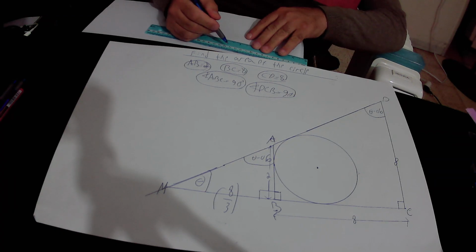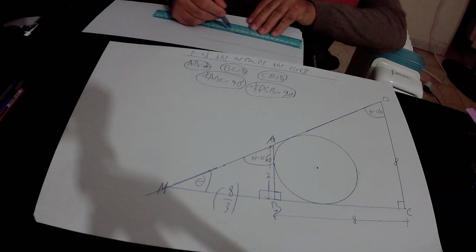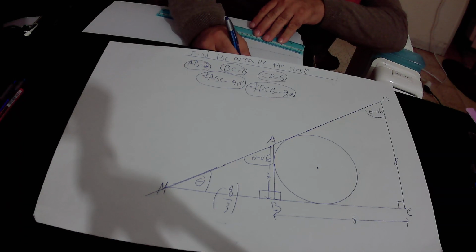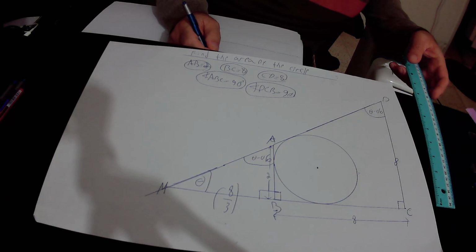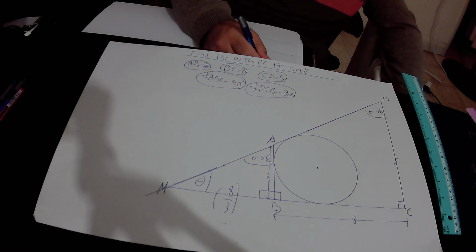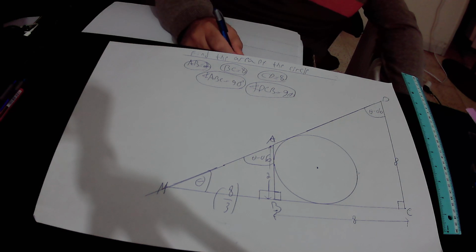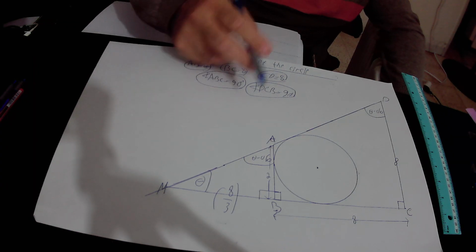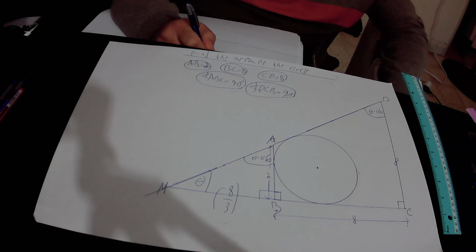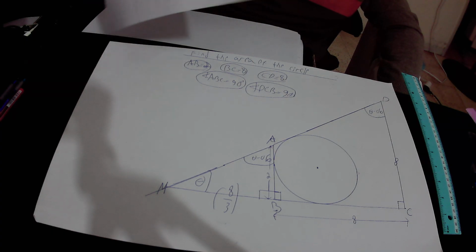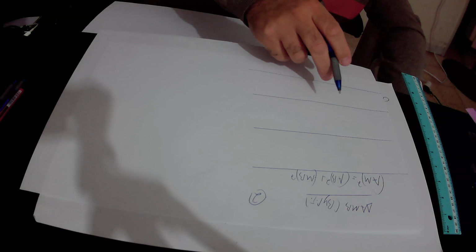In our specific triangle AMB, the hypotenuse is AM, therefore AM squared must be equal to AB squared plus MB squared.